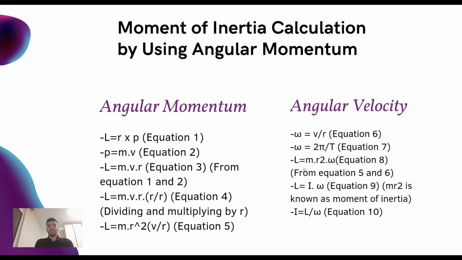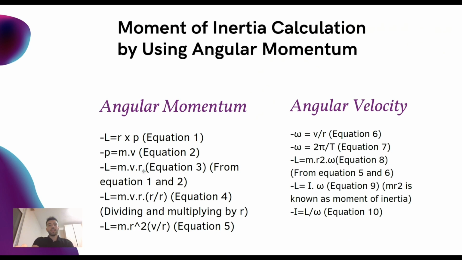Moment of inertia calculation by using angular momentum. Angular momentum, which I said, can be represented with the cross product of radius and linear momentum. Linear momentum is equal to mass times velocity, which means angular momentum is equal to mass times velocity times radius.